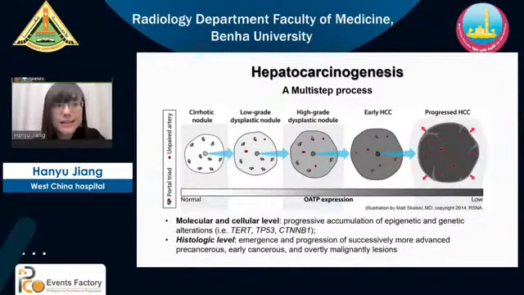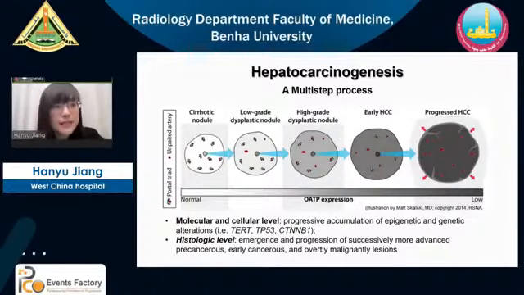Hepatocarcinogenesis is widely accepted as a multi-step process characterized at the molecular and cellular levels by the progressive accumulation of epigenetic and genetic alterations, and at the histologic level by the emergence and progression of successively more advanced precancerous, early cancerous, and overtly malignant lesions.